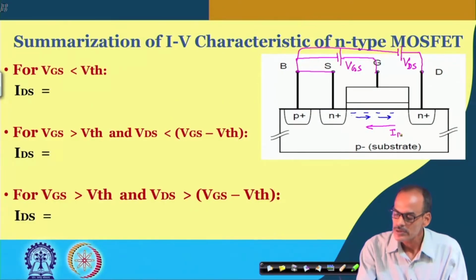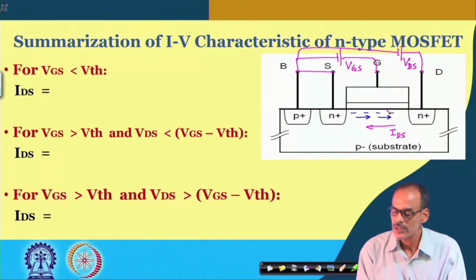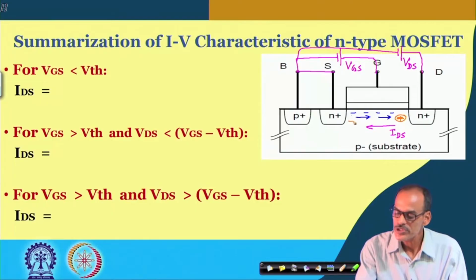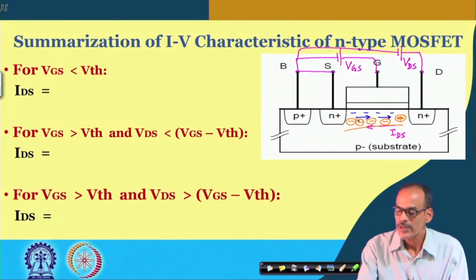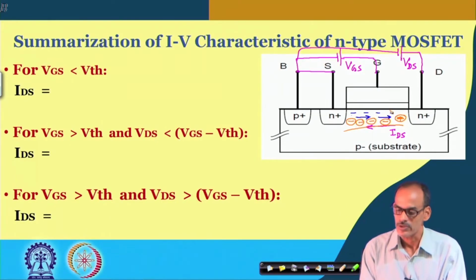Note that the channel is basically created by the electron layers, and along with the electron layers we have the static ions. Those static ions work as the depletion region beyond the channel region, but they do not participate in the current flow. So, current is basically carried by the electrons.